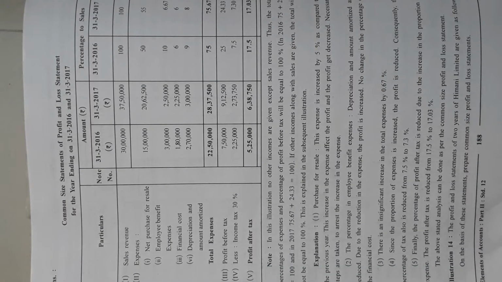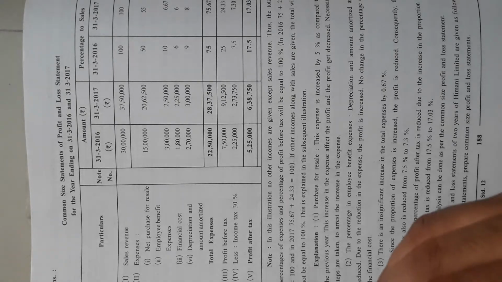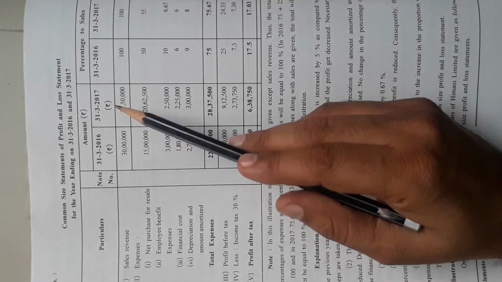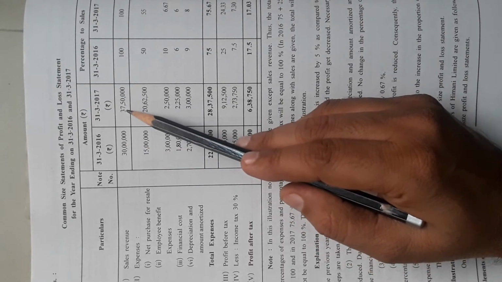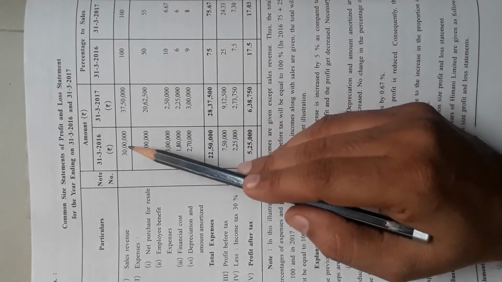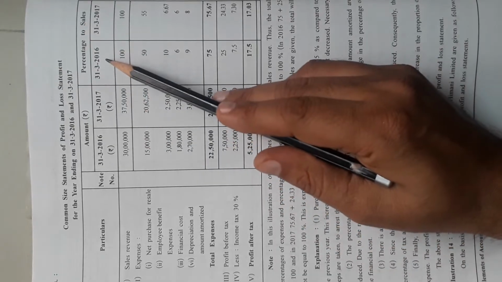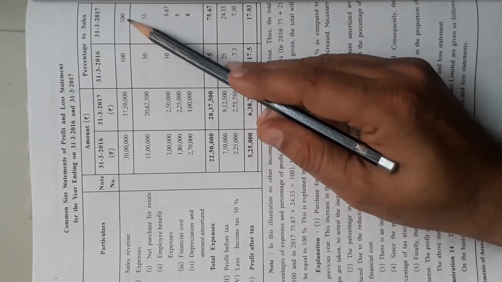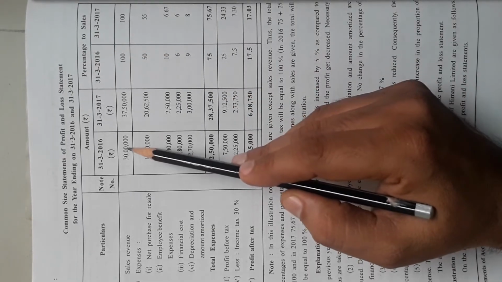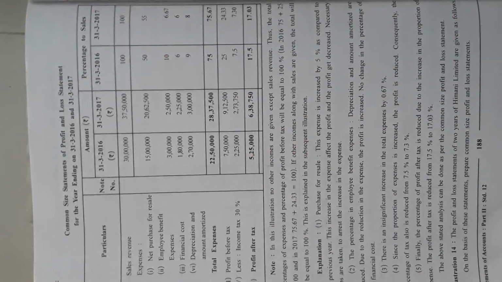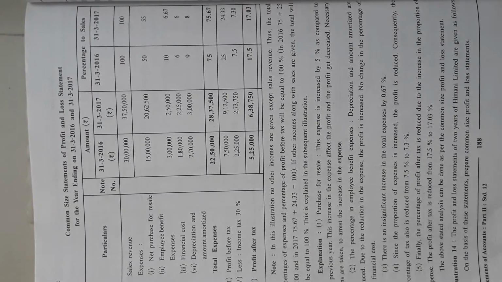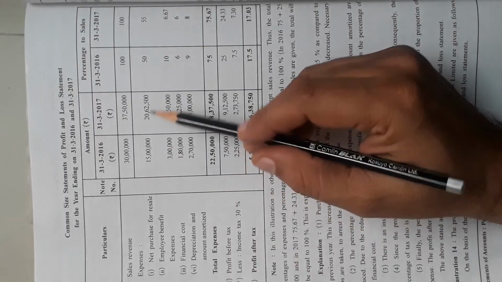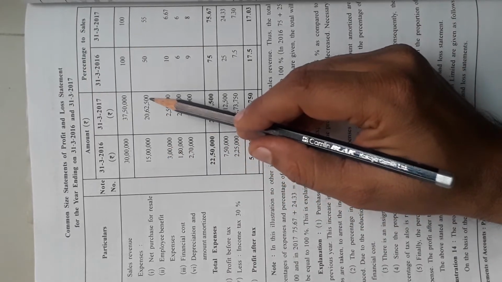Now, this way you will solve this sum. Sales revenue for 2016 is given as 30 lakh and for 2017 it is 37 lakh 50,000. Taking both the figures for 2016 and 17, percentage to sales, that is 100%, we will consider this sales. Now, expenses, net purchase for resale 15 lakh and 20 lakh 62,500.